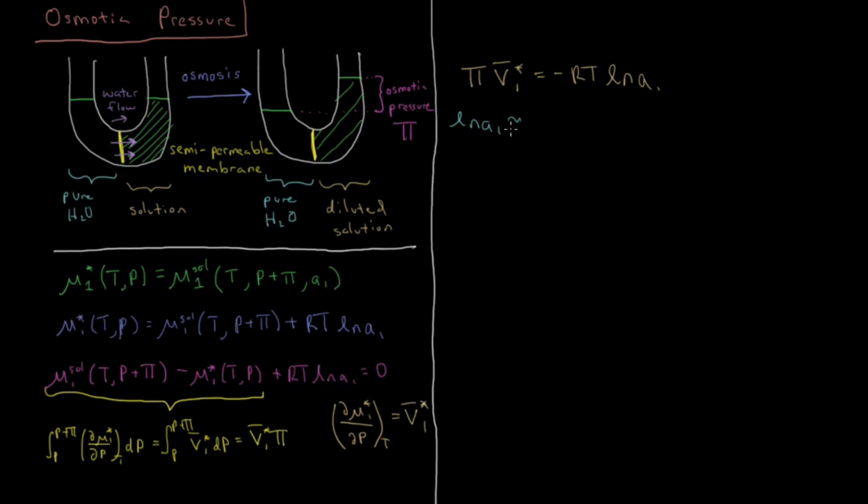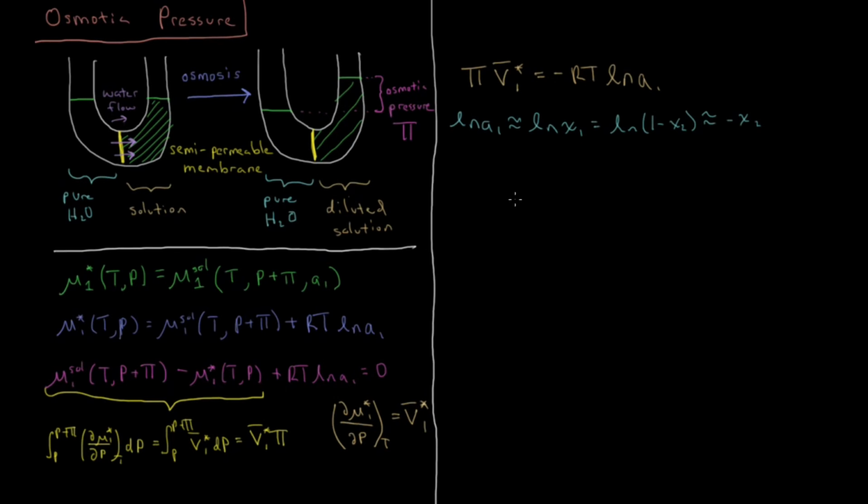The log of the activity of water, when its mole fraction is approximately 1, is approximately the log of the mole fraction of water, which is equal to log of 1 minus the mole fraction of the solute, as we've seen in 2 videos now. And this first order Taylor series expanded around chi2 equals 0 is minus chi2. So we've done this in 2 previous videos now explaining why.